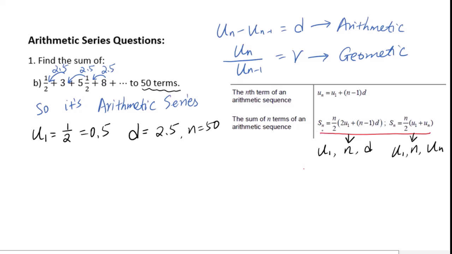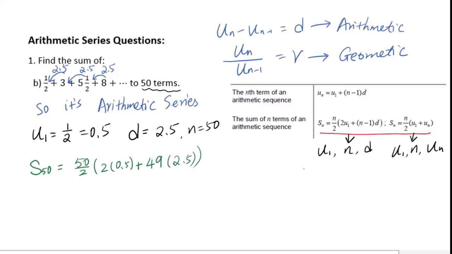Therefore, we can use the first formula, S sub 50, n equals 50. Every single n you need to change into 50. So 50 over 2 times 2 times 0.5 plus 50 minus 1, which is 49, times 2.5.